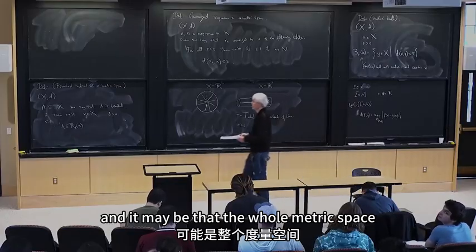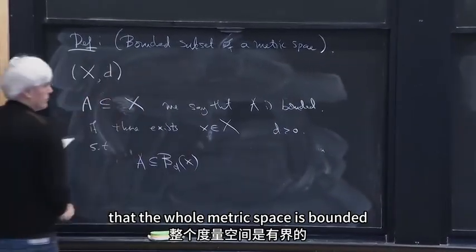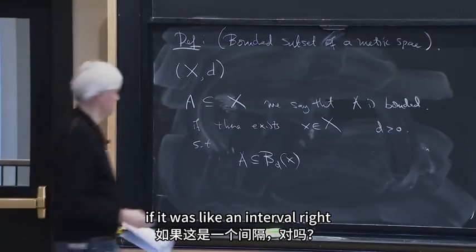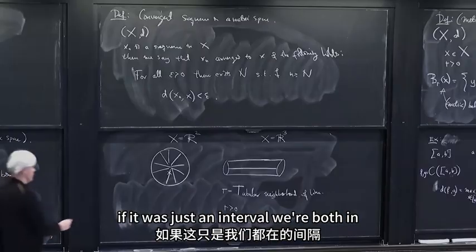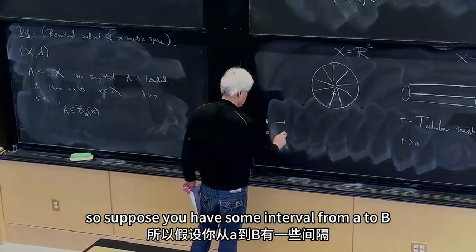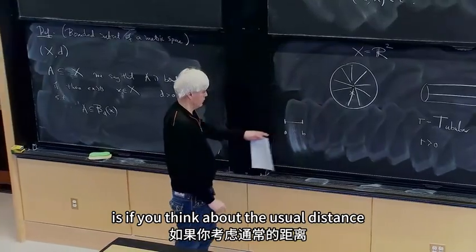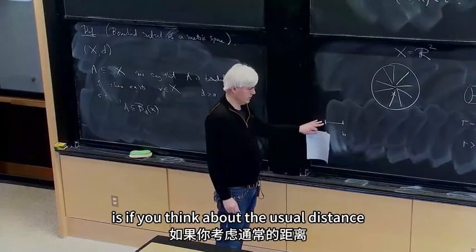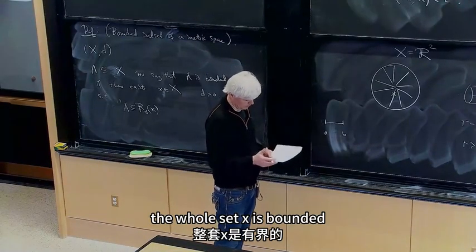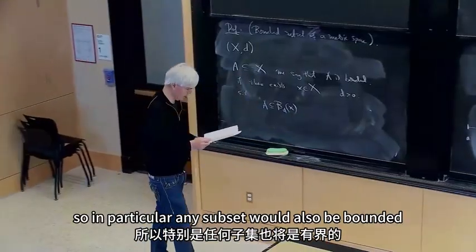It's also possible that the whole metric space is bounded. Suppose you have an interval from A to B with the usual distance; then that's a bounded set. The whole set X is bounded, so in particular any subset would also be bounded.